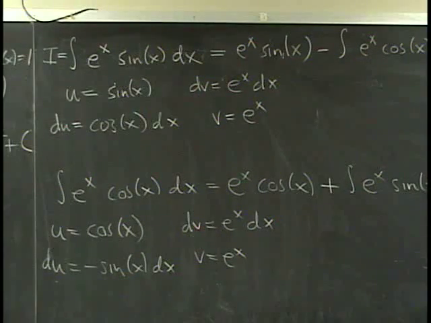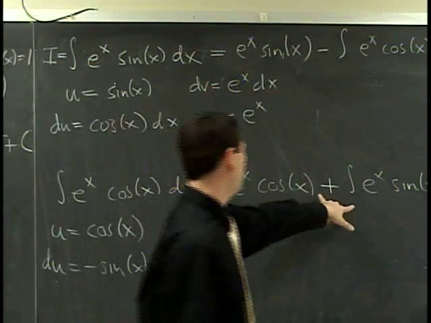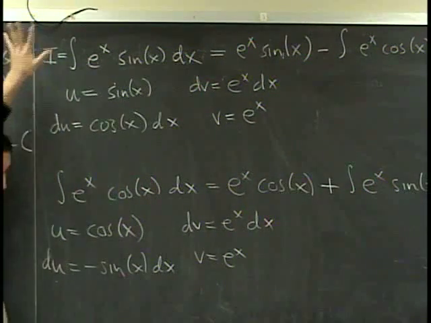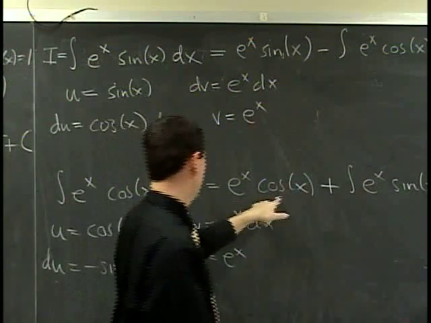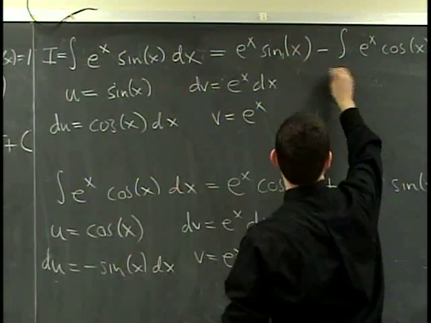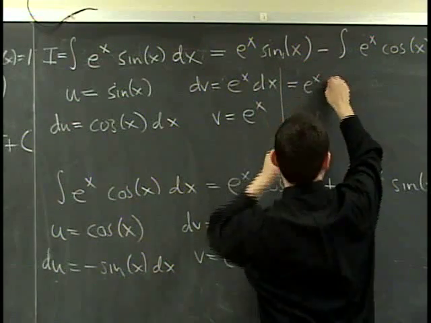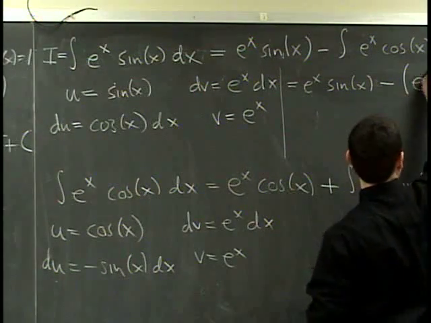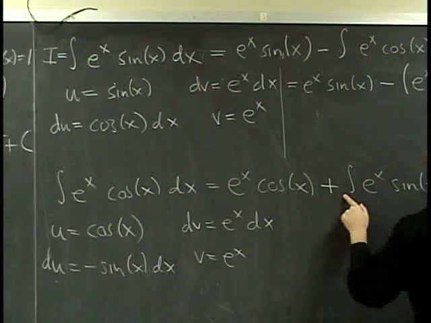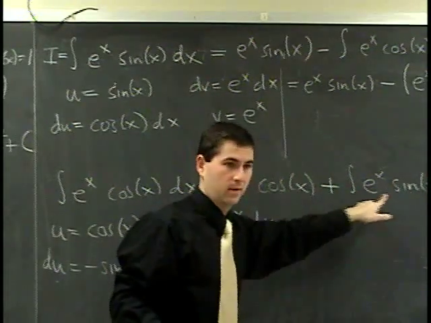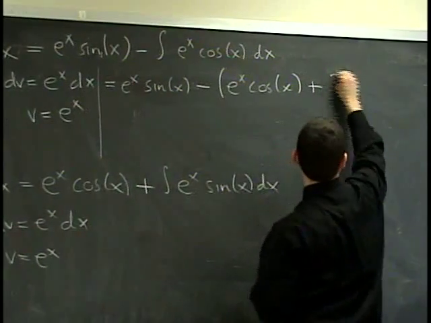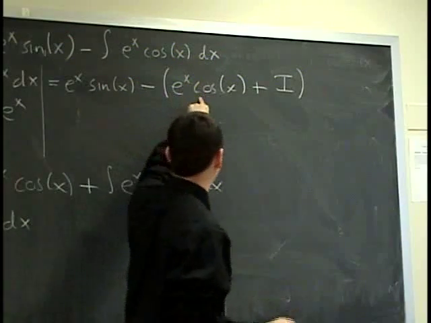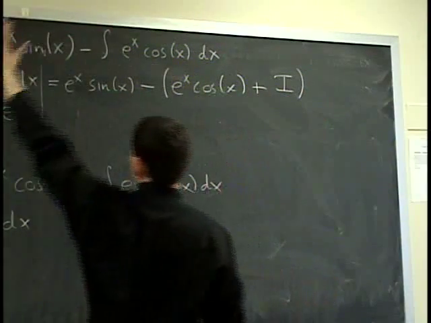That plus is important. The reason why that plus is important is that now when we plug it back in up here, it's going to turn into a minus. So when we add it around, we're going to get 2I instead of 0. Okay, so let's plug this in. We keep the e to the x sine of x minus e to the x cosine of x, plus the integral we were looking for, which we called I. So this is actually minus e to the x cosine of x minus I, so I can add the I to the other side.